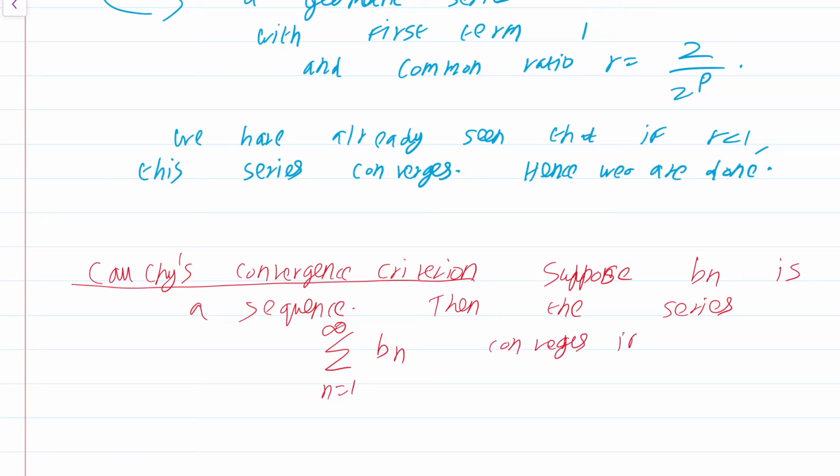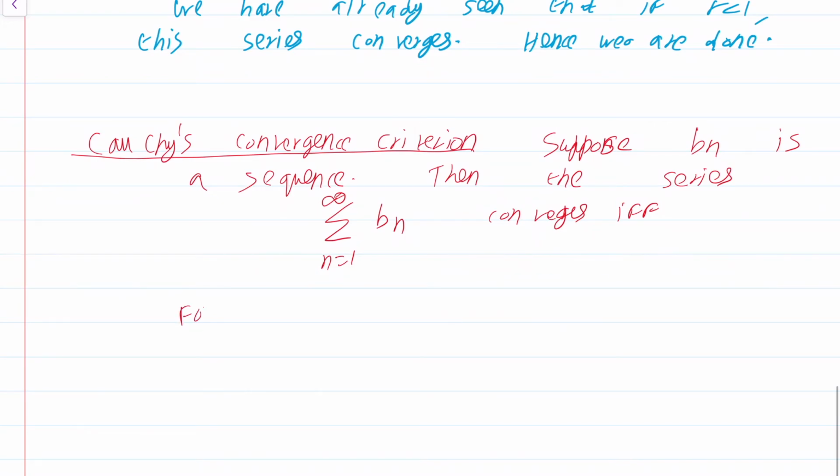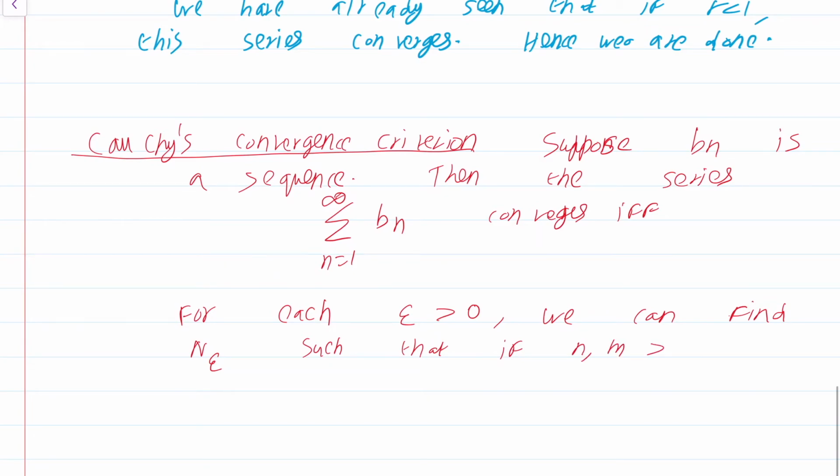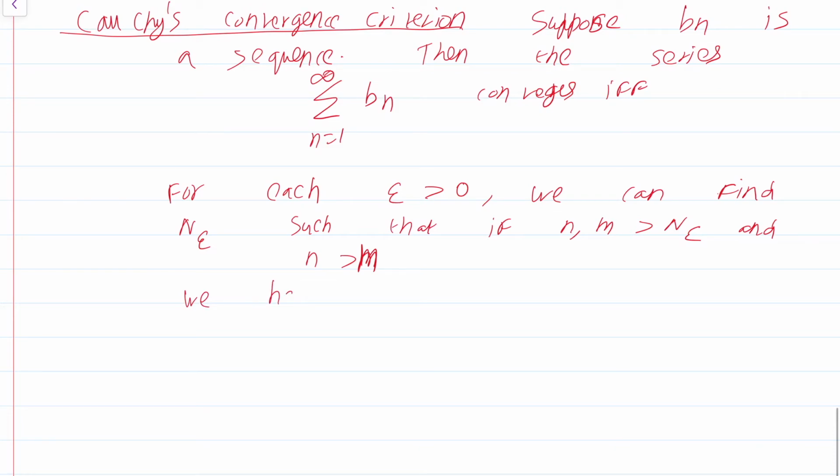if and only if for each epsilon greater than 0 we can find capital N epsilon such that if n, m greater than capital N epsilon and n greater than m, we have modulus of the sum, or I should not use n, I will use j simply because there will be repetition, j running from m to n of Bn.